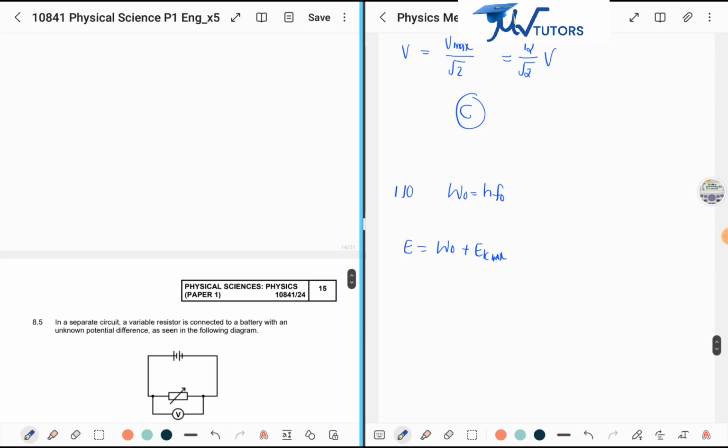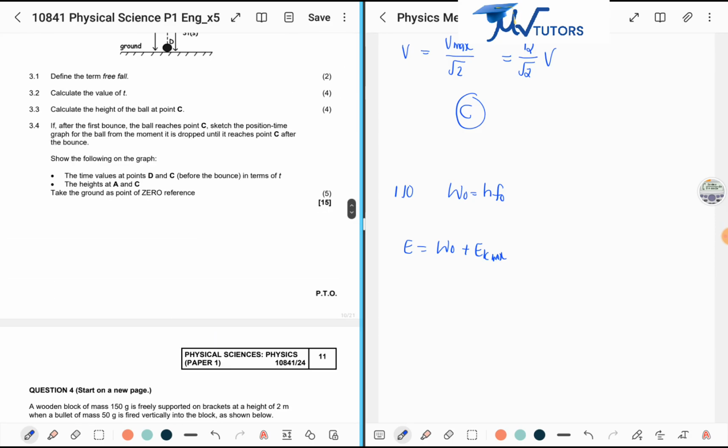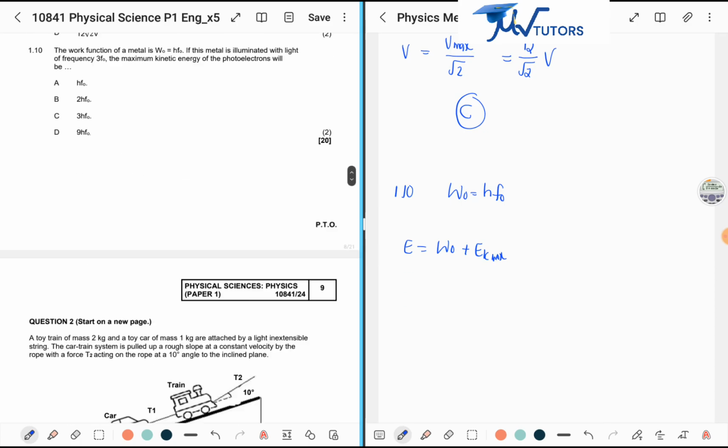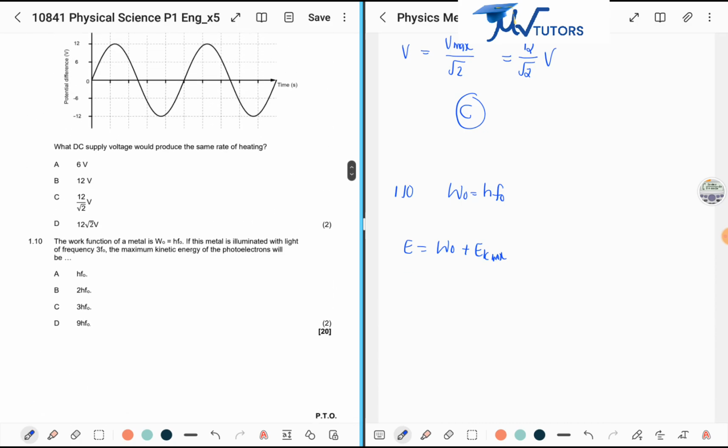All right, let's go back to the question. So we were told that, okay, the work function, we have it, we've written it down. It's just Planck's constant times the threshold frequency, and then our EK max, which is what we're looking for. So what about the energy?